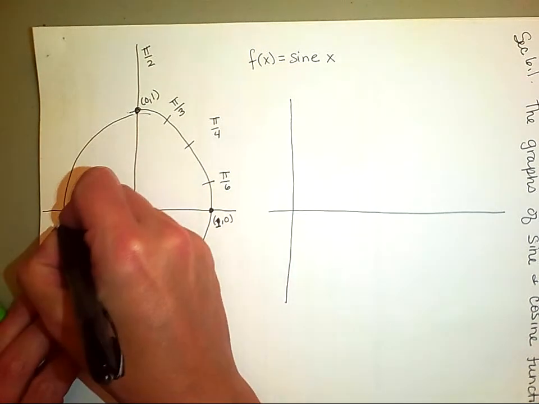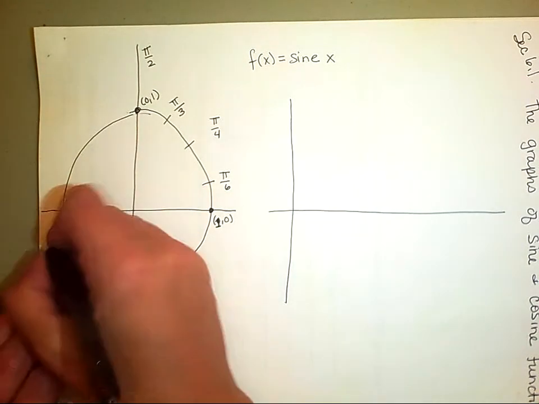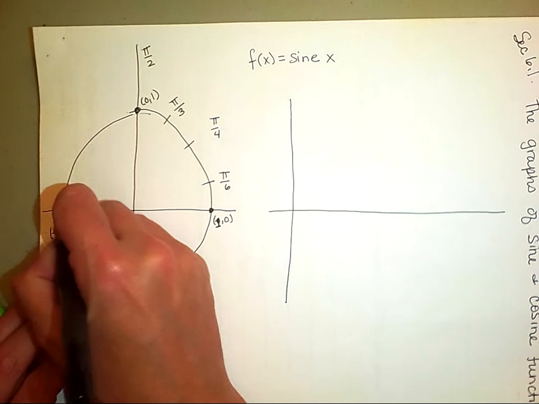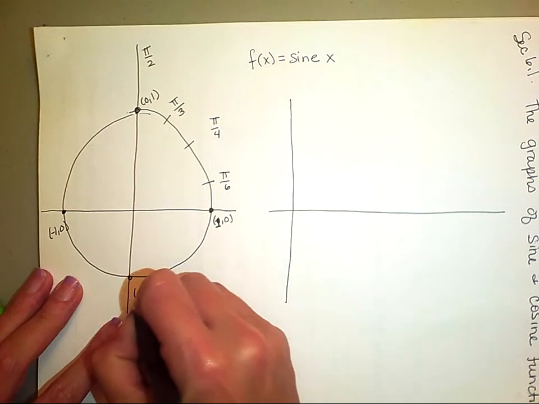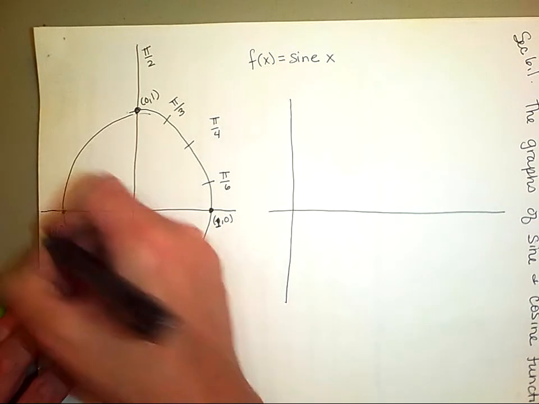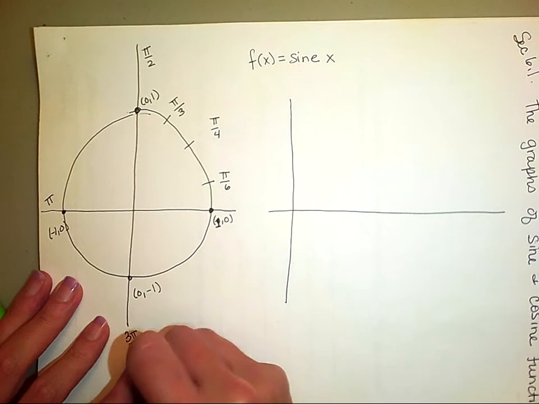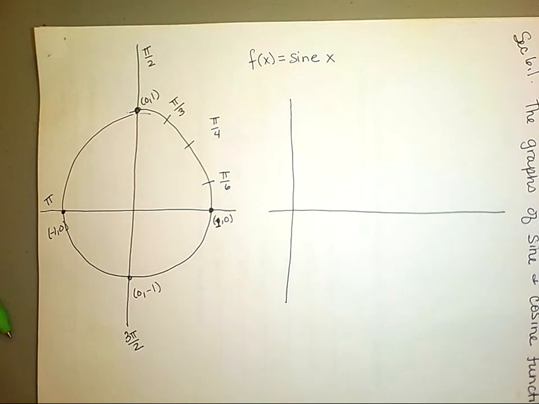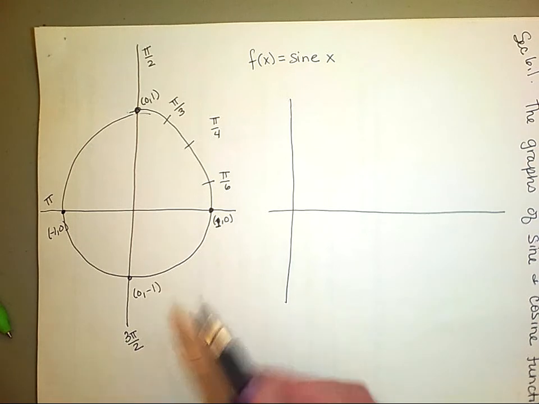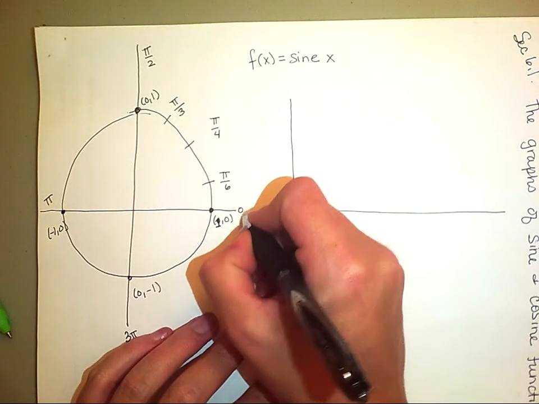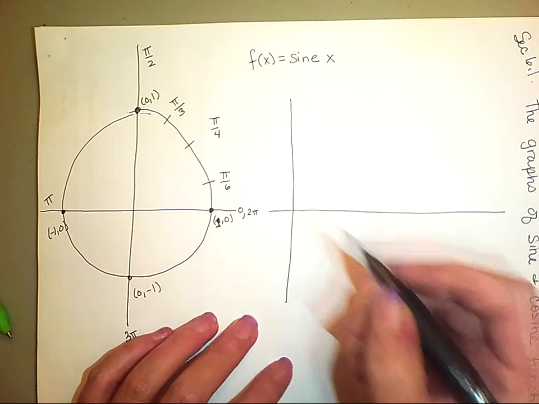Over here this is the point -1, 0, and this is the point 0, -1. So this is the angle pi, and this is the angle 3 pi over 2. And then finally, this is 0, and when we come back around, we're at 2 pi.